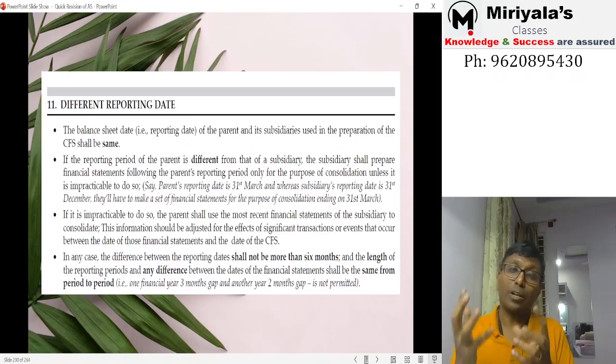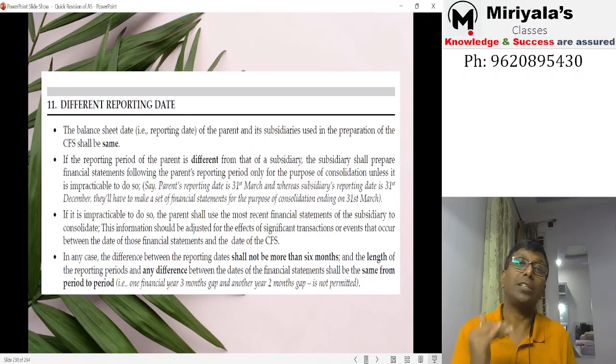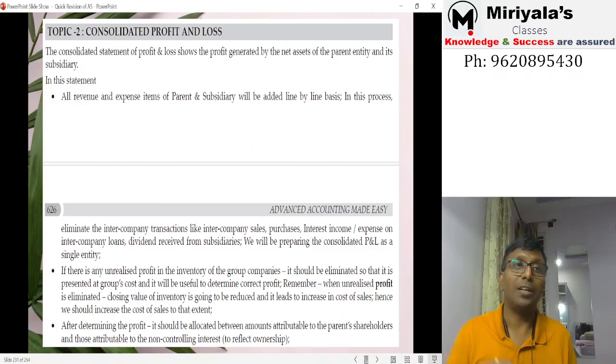You have to take care of those things in the financial statements, even if you are consolidating 31st December. And the standard says the gap between these two dates should not be more than 6 months. That is one condition kept by the standard.